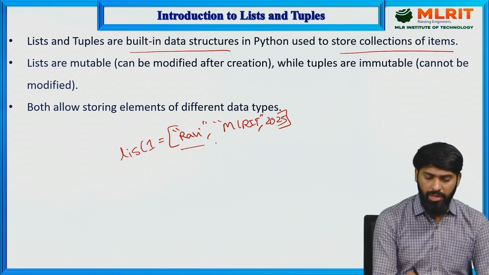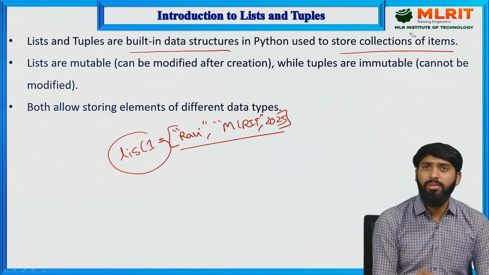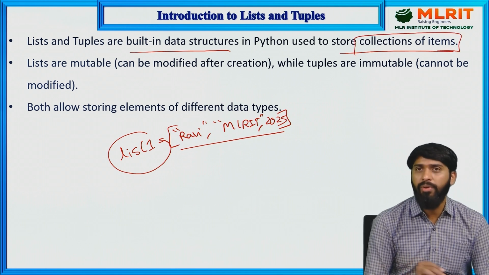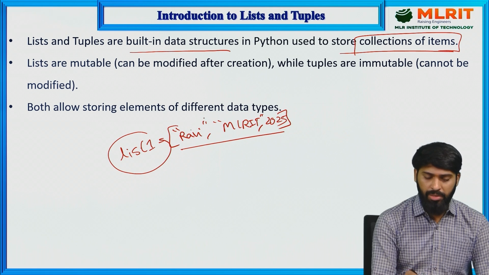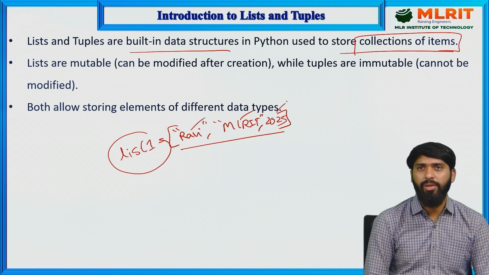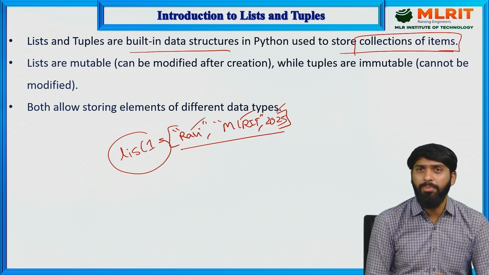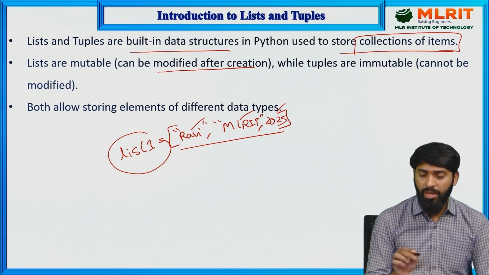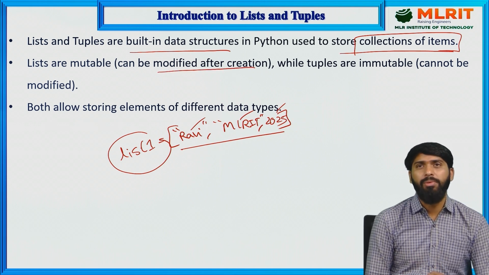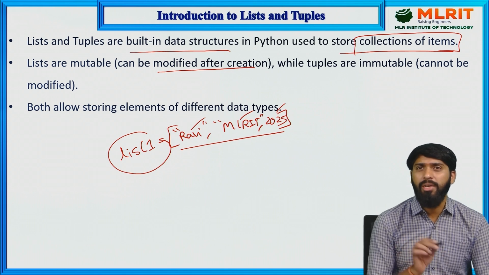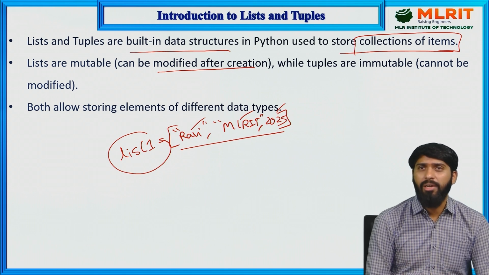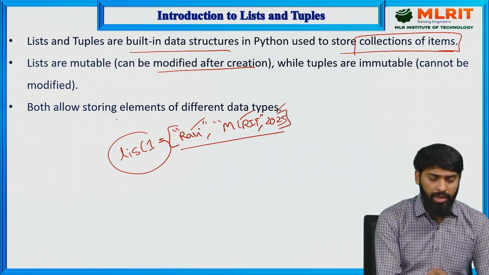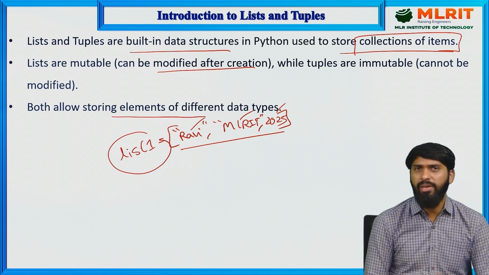Now this is list 1, a collection of different items: Ravi, MLR rating and 2025. Lists are mutable, which means we can modify them after creation, while tuples are immutable. Once you store data, we cannot modify it further. Both allow storing elements of different data items.